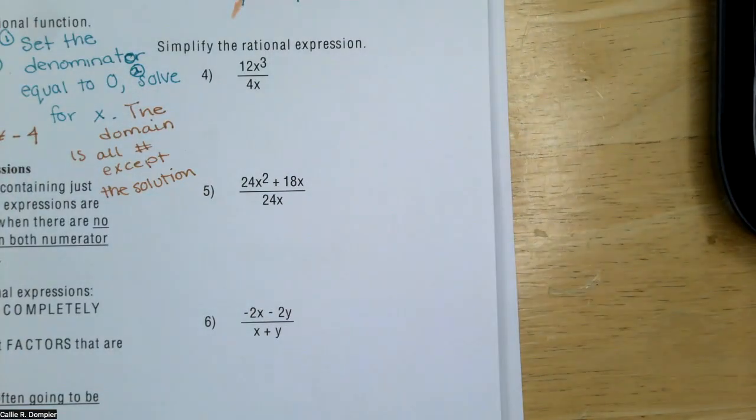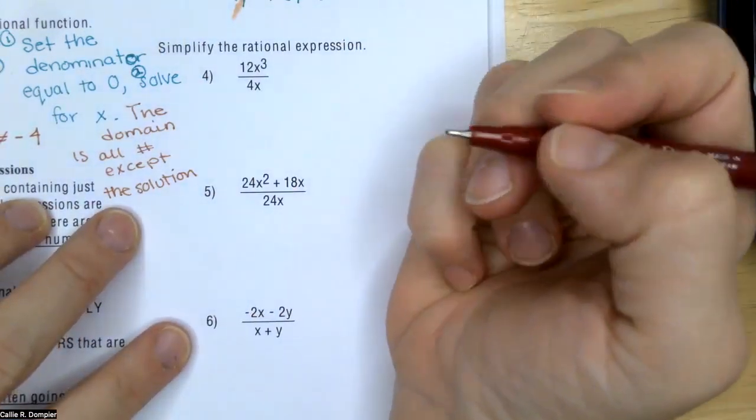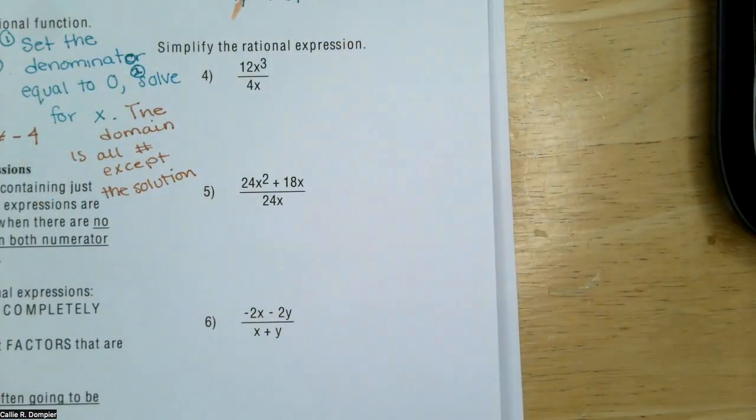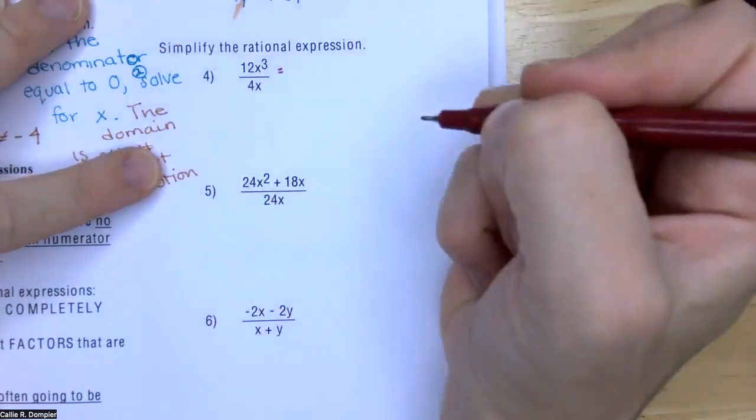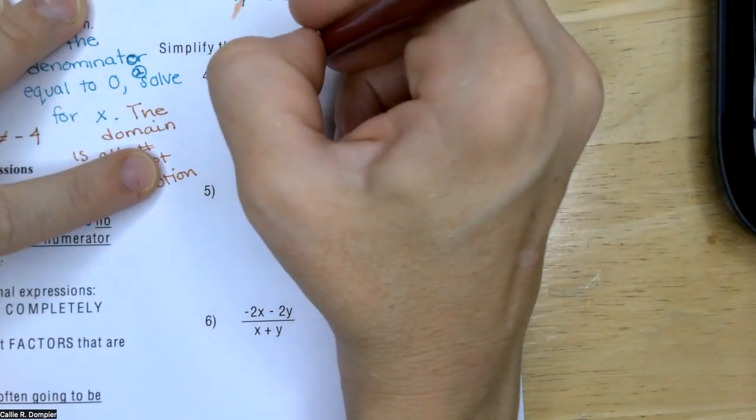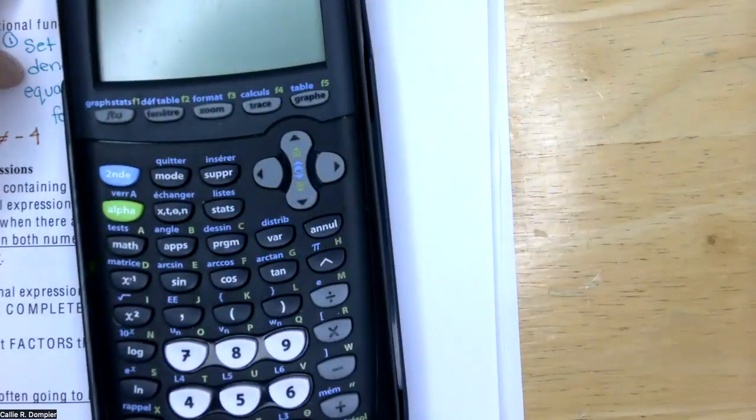So 12x to the third divided by 4x. Just look at 12x to the third. How can I simplify 12x to the third? You're welcome to ask, what are the prime factors of 12?